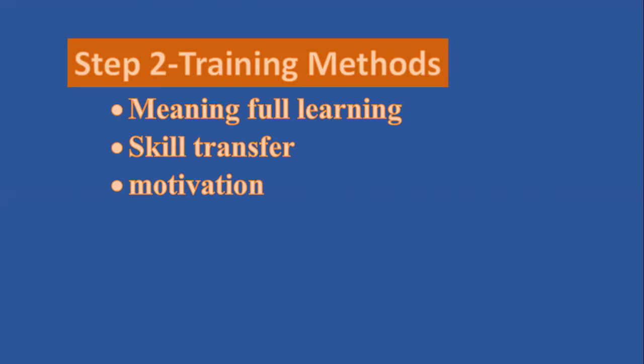Coming to the second step, training methods. When beginning the discussion of what types of training methods to use, there are several methods. The tips to keep in mind to make the training more effective are meaningful learning, skill transfer, and motivation. First, the learning needs to be meaningful.